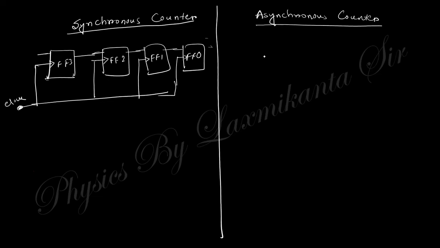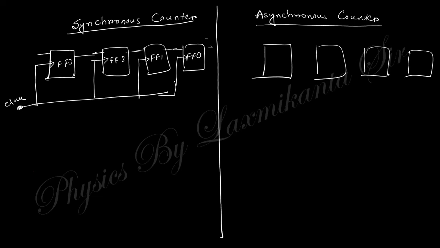But in an asynchronous counter, with respect to the clock, flip-flop 3 and the others are connected so that the clock is connected to one flip-flop and its output is the clock of the next one, like that.